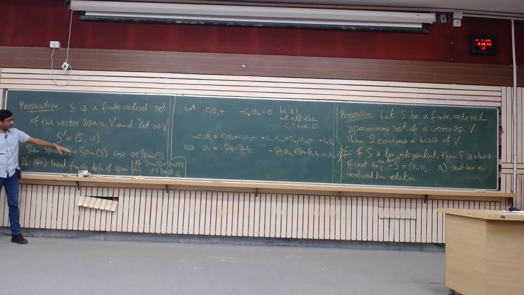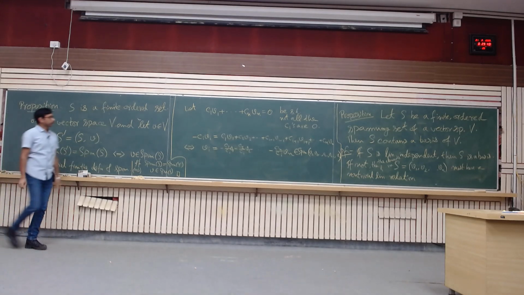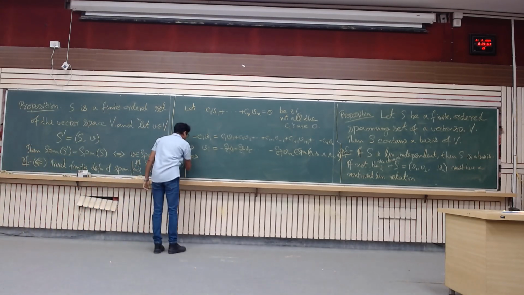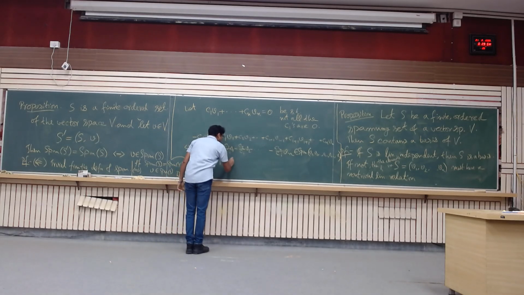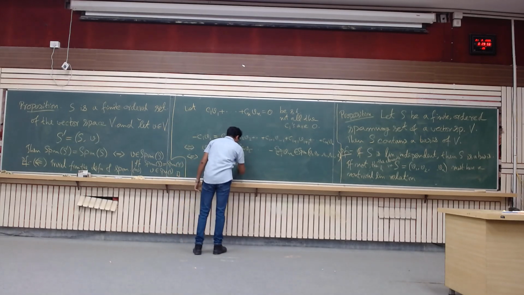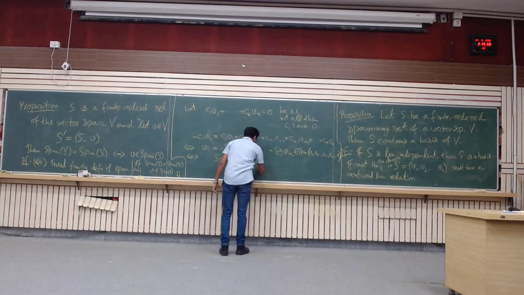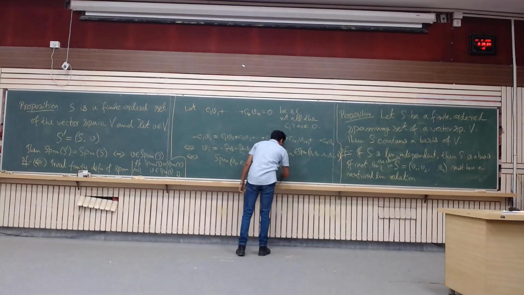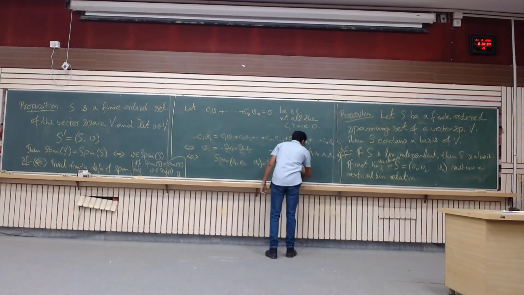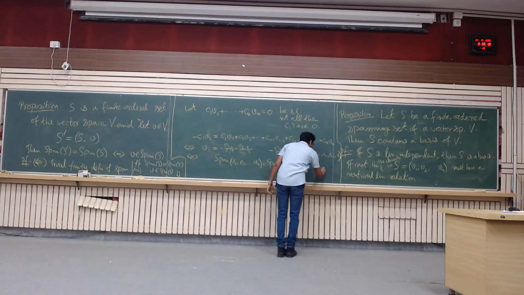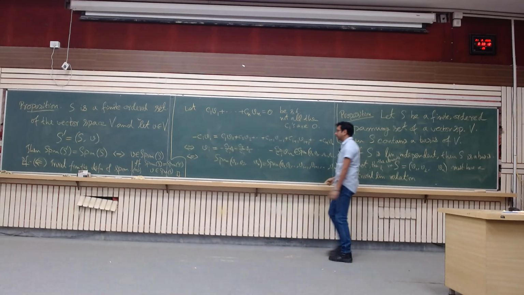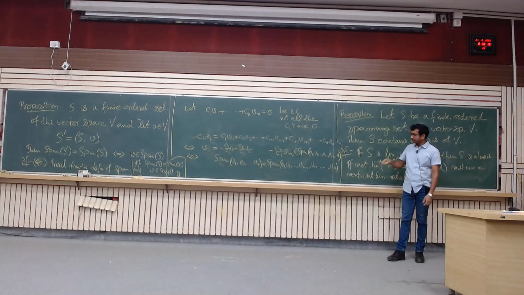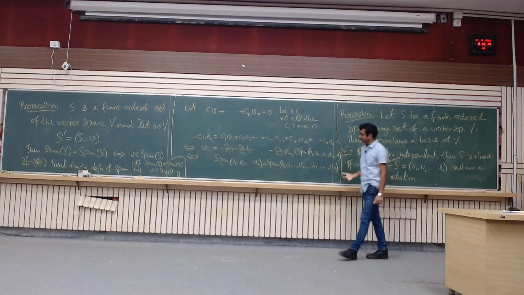So, this is if and only if the span of V1, V2 dot dot dot Vn with all the things is equal to the span of V1, V2 dot dot dot Vi minus 1, Vi plus 1 dot dot dot Vn. Okay. So, these two spans are giving you the same space.